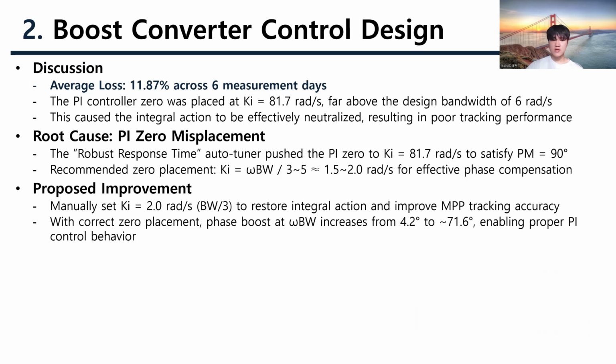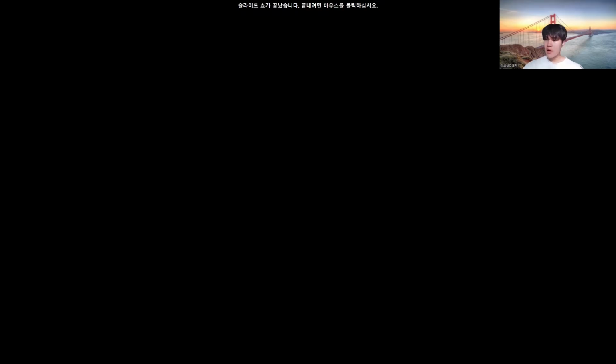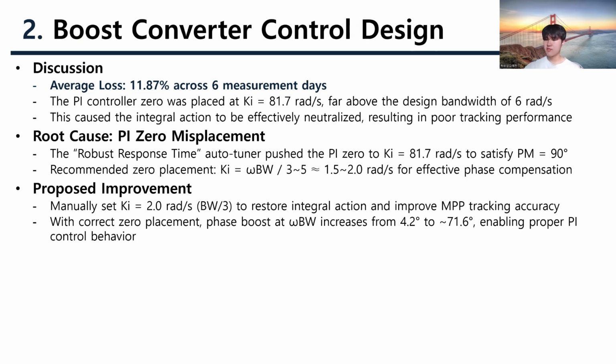In conclusion, we successfully designed and simulated a boost converter based MPPT system using the BAS algorithm with a PI voltage controller. The hardware parameters were designed under the STC worst case condition, and the control bandwidth was selected based on both the MPPT update rate and the LC resonance frequency.